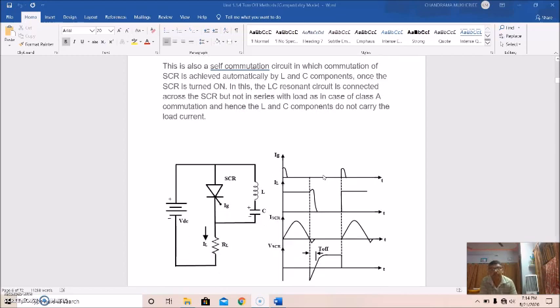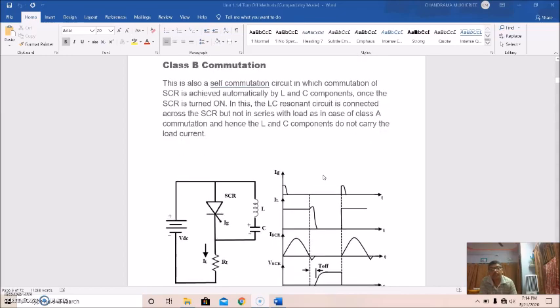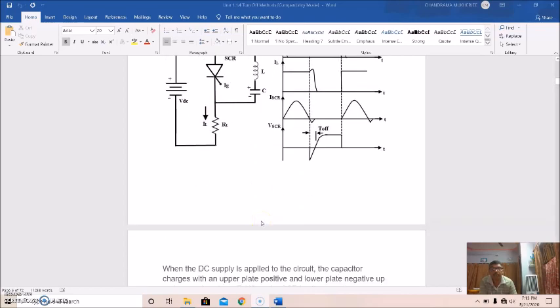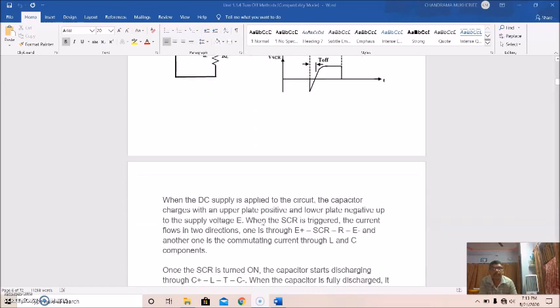Initially, at mode 1, we have a supply voltage VDC, whose value is E. This voltage is applied, and the capacitor charges with its upper plate positive and lower plate negative up to the supply voltage.